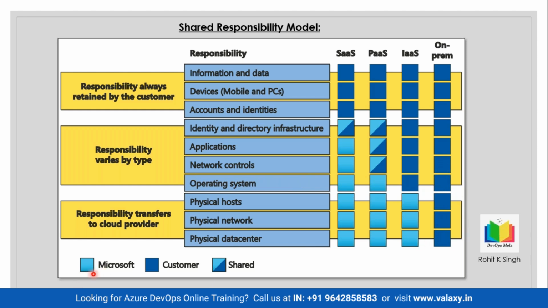At the bottom, light blue is Microsoft, dark blue is the customer, that is we, and the combination is shared. In on-prem, the complete hardware part and hosting part is managed by the customer.